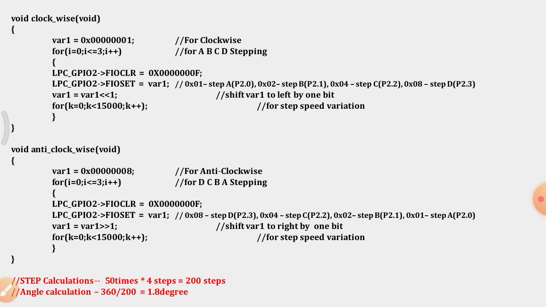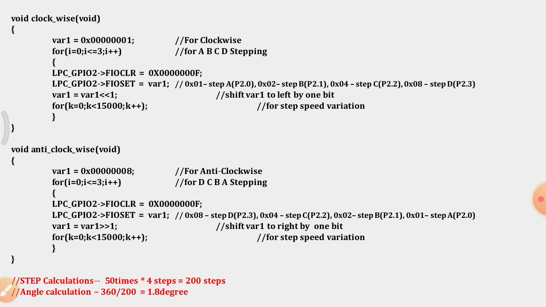So what is the step angle and how many steps are we utilizing for a complete 360 degrees? For that calculation, in the comment section for step calculations, we are calling each function 50 times, and each function is going to have 4 steps per call. That is 50 times 4 steps.